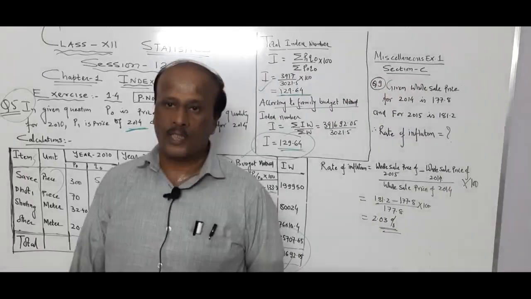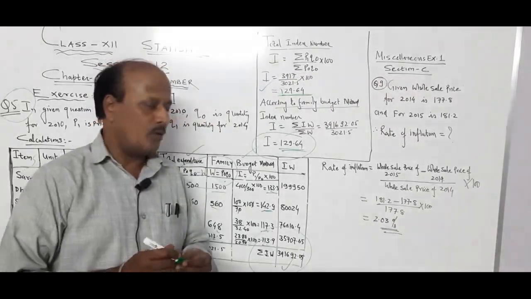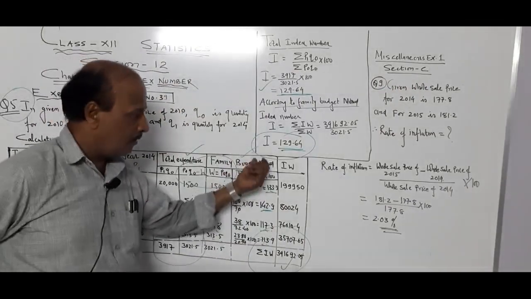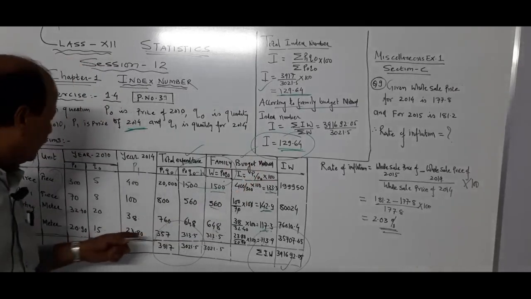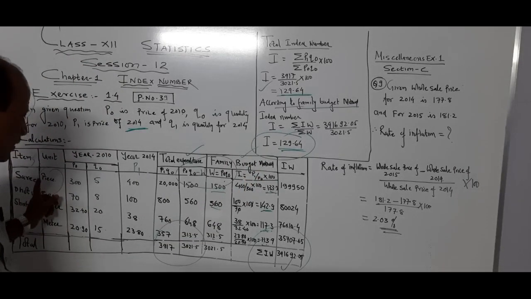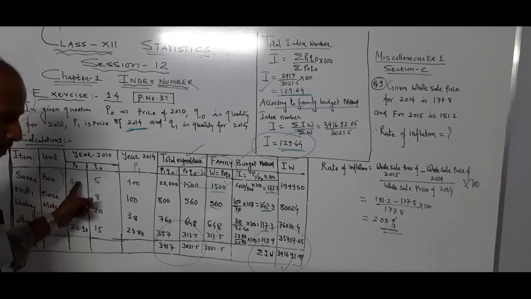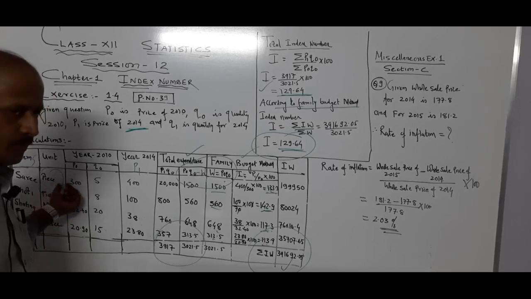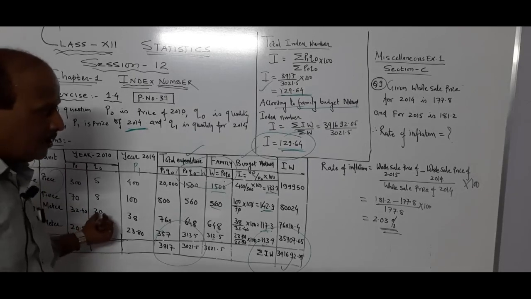This question is an expected question, ideal for 4 to 5 marks. Maximum what they can do, if they want to make this question hard, they can change the unit system here. They can write here 5 pieces, then you will have to multiply price with that 5 pieces, etc. So be careful. Your unit system can be changed.